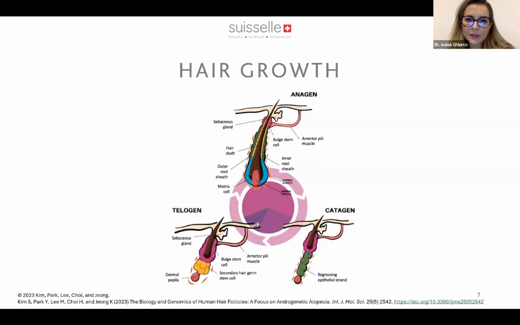Then at the end of this phase, the hair follicle will go into catagen phase. This is where cell proliferation stops. The hair follicles go into regression. It lasts between 1 and 3 weeks, and what we have at the end in this stage is a club hair. The telogen phase normally is presented like the resting period.